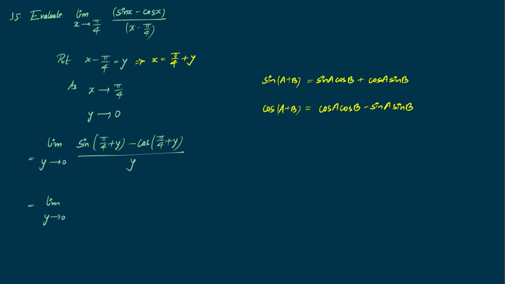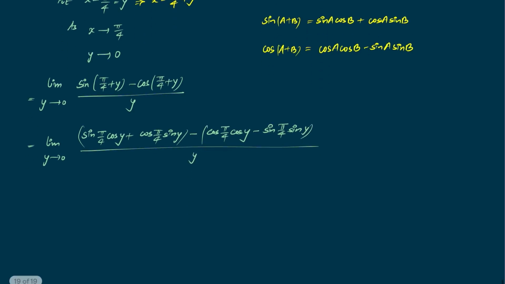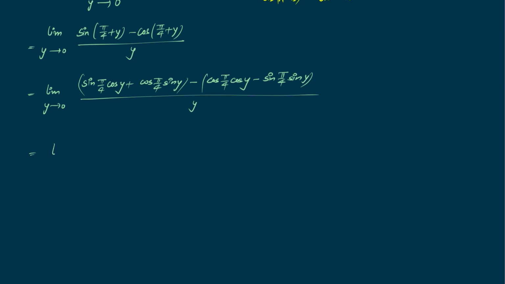So if I use this relation here, it will be sin a cos b plus cos a sin b minus cos a cos b minus sin a sin b, whole divided by y, equals limit y tends to 0.